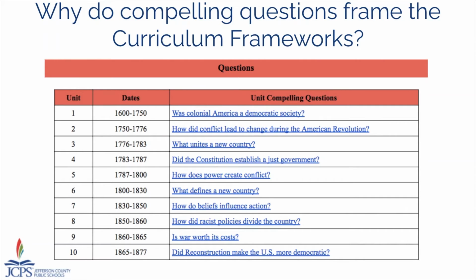And then they're ending the year also talking about democratic societies after the Civil War and Reconstruction. That kind of bookend allows for a lot of conversation for students to pull through all those experiences so that each unit, they're building a larger understanding of not only the compelling question for that unit, but the compelling questions that lie ahead.